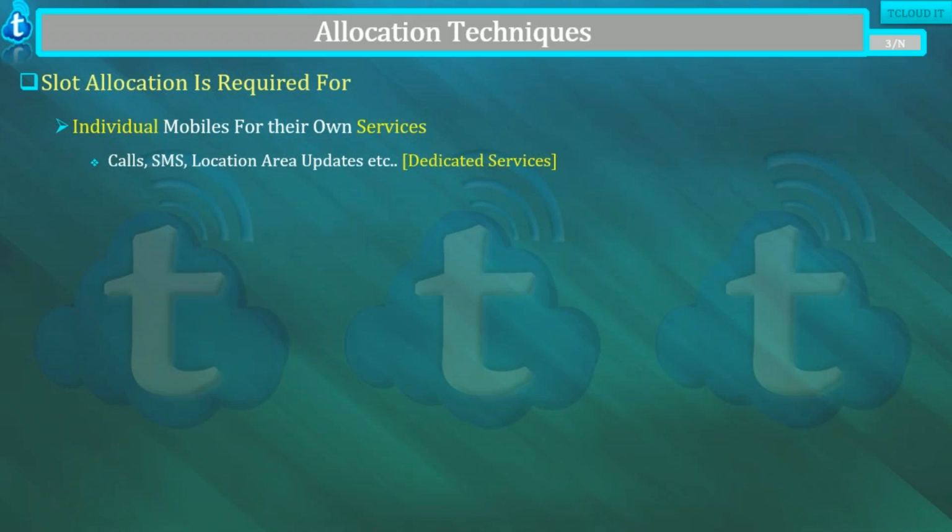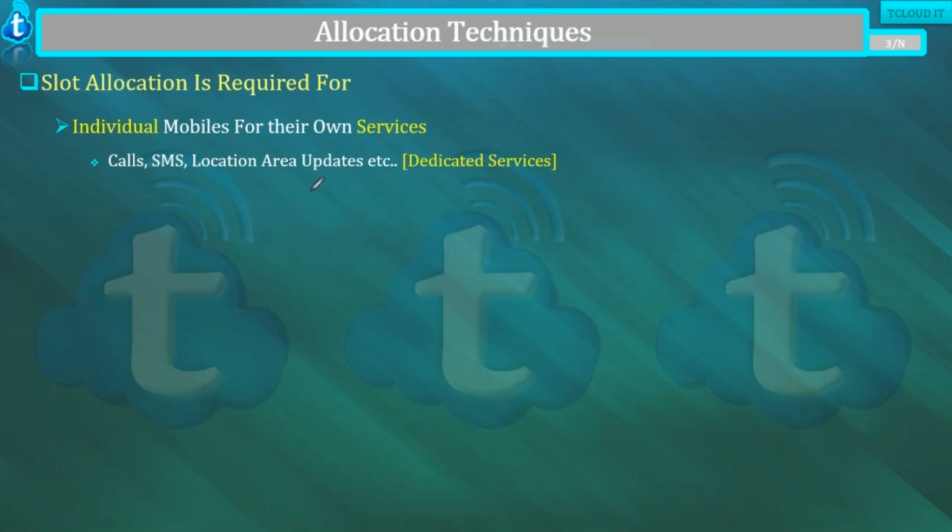Even to perform this location update, mobile equipment is supposed to send some message to the MSC. That message will always be in the digital format, in ones and zeros, which the MSC understands. So even to send that location update message, we require some slots.